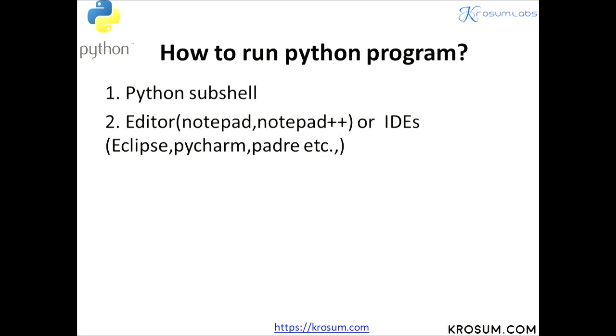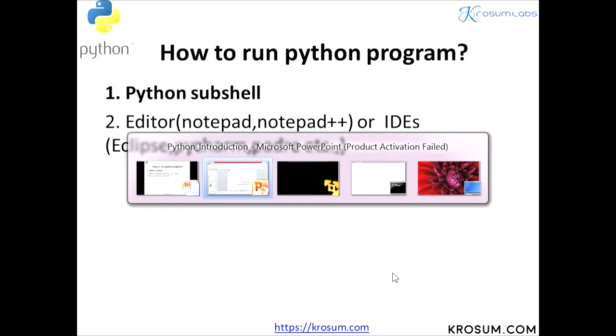So the difference between the first point and the second point, the Python subshell: the Python subshell is a sub-process on top of your working operating system. For example, in a command line terminal, you can create a new Python process. Take any operating system, for example Windows. I'll open my Windows machine.